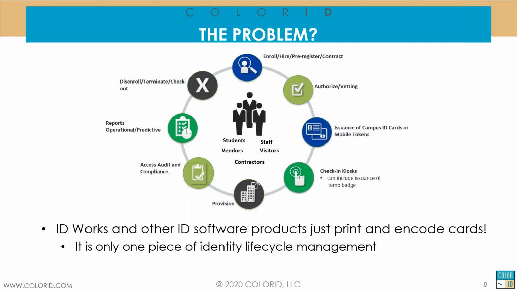Their identity data has to be provisioned in all the different systems on campus that need to know who they are when they present a card or a mobile credential or whatever. And then as they're going through the campus and using their card or credential, you need to keep track. When was the credential made? What was the credential? Was it ever taken away? You know, you need reporting, you need audits.